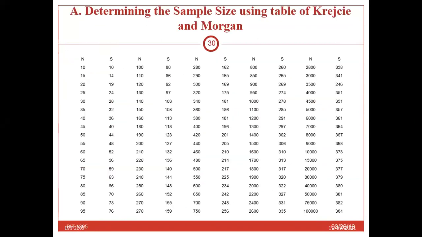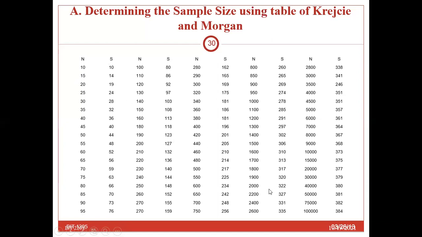So there is this table that Krejcie and Morgan put that tells you if your population is N, what should your sample size S be? If population is N, what is sample size S? So if population is 10, sample size should be 10. Population is 15, sample size is 14.